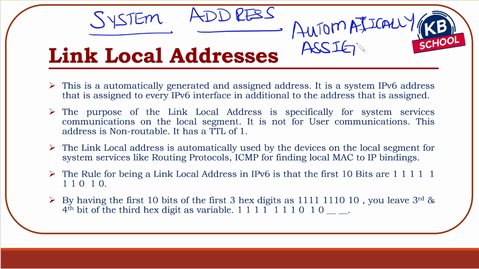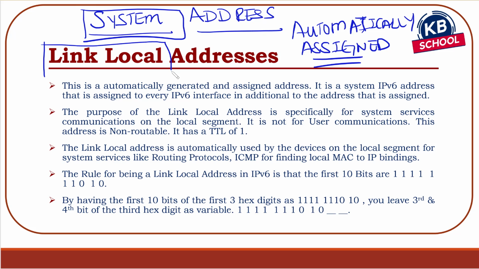Not only is it automatically assigned to itself, it is only used by the system. An end user generally does not use the system address by himself. He will use the unique local address or the global address. This system address is used for system services on the local segment.